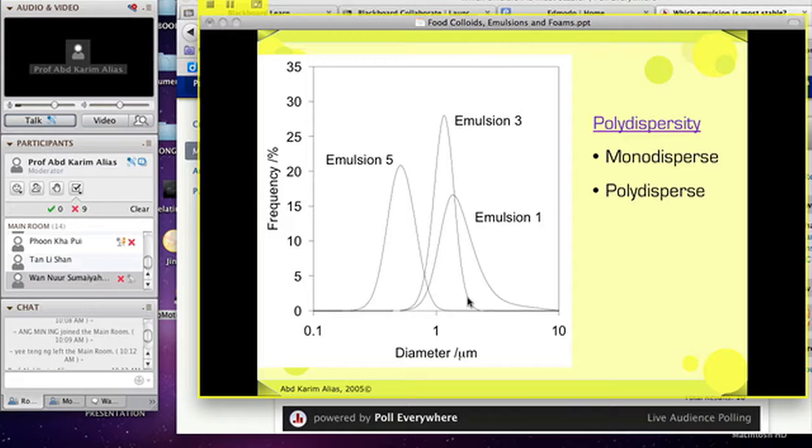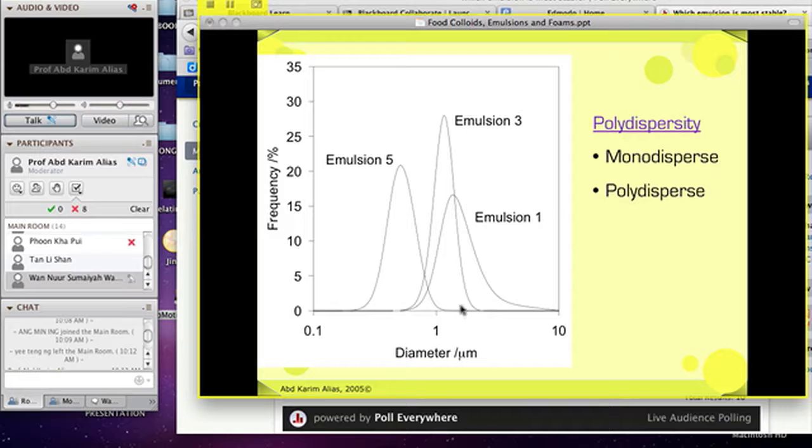Okay, so between emulsion 3 and emulsion 5, although the mean diameter of the droplets in emulsion 3 is slightly bigger, in terms of size distribution it is narrower.